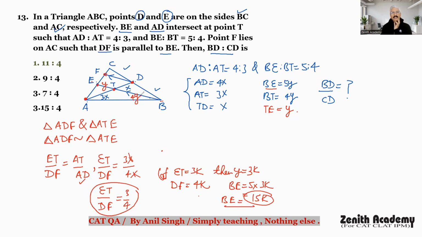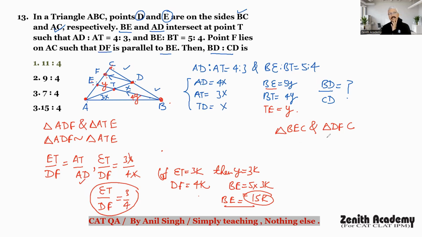Now take triangle BEC and triangle DFC. Again, this BE side is parallel to FD.